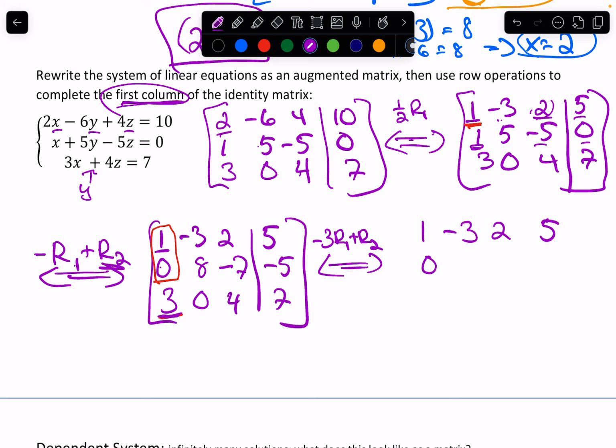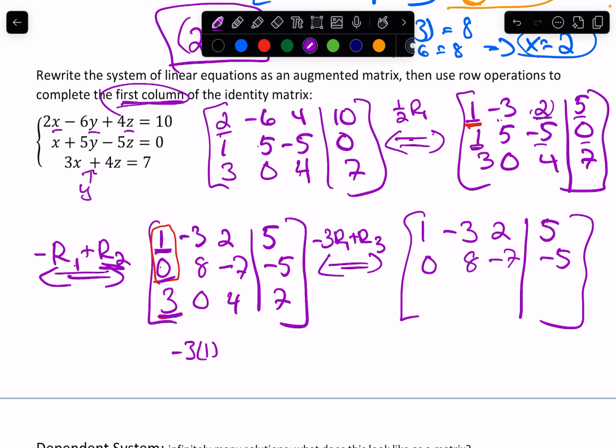Our row 2, actually, it should be row 3, sorry. Our row 2 does not change. It's the row 3 that we are adding on. So negative 3 times 1 plus 3 is going to be a 0. So this is going to be a 0.